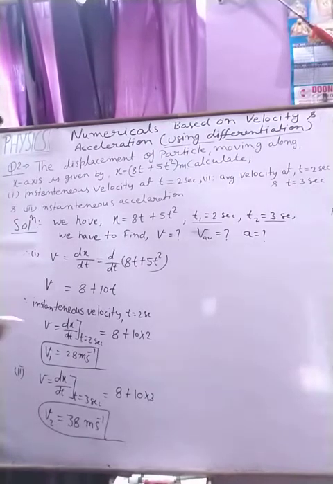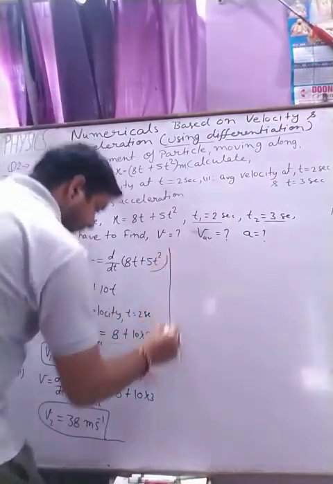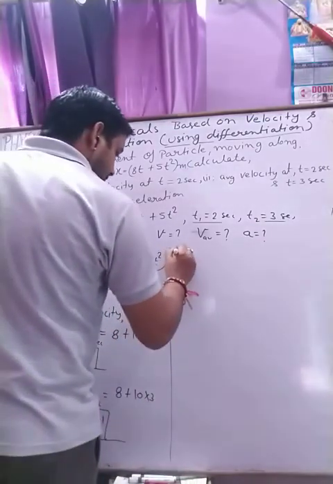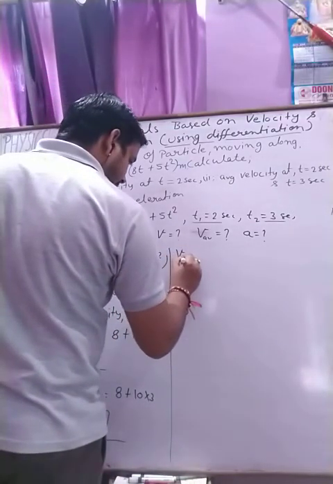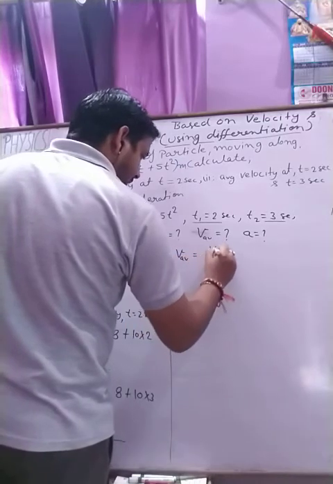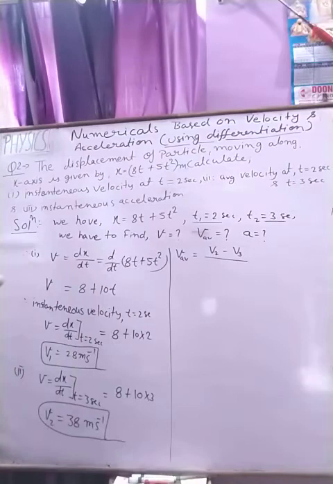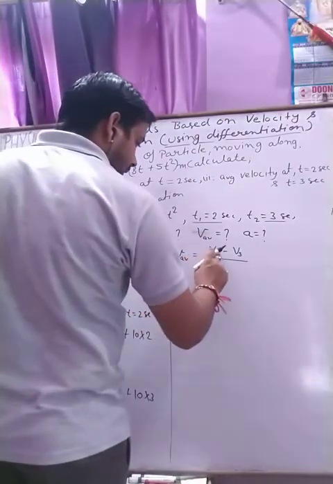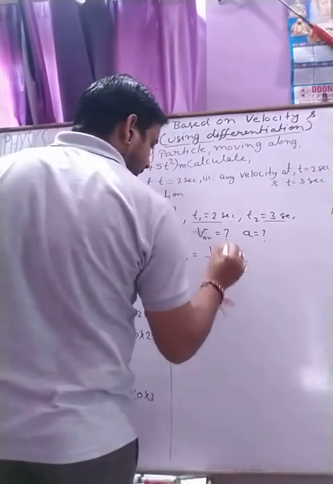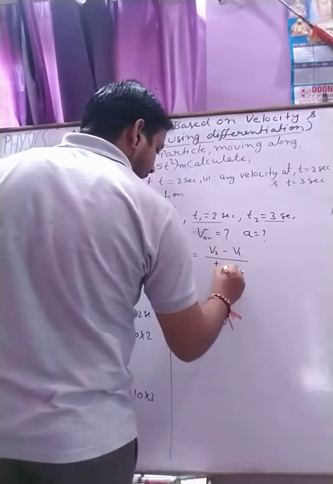Now average velocity. Average velocity is change in velocity, that is v2 minus v1 upon t2 minus t1.